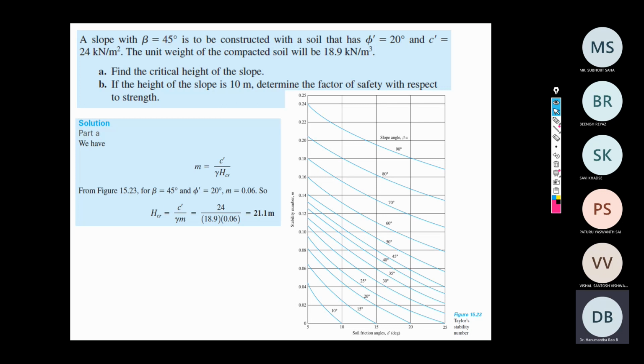See, the very first question belongs to the infinite slope, and the next question belongs to the finite slope of c soil. Now this question belongs to the finite slope of c-phi soil. Is it clear now, Vishal?